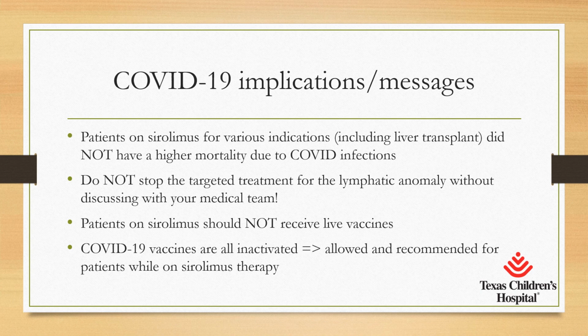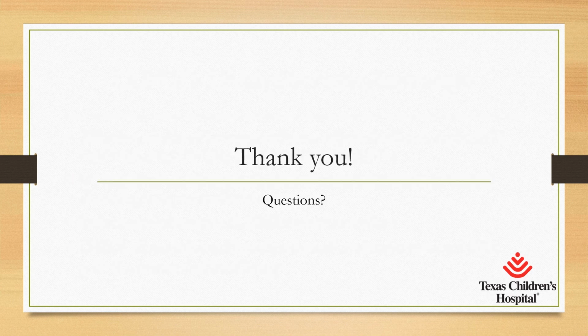So please do not stop the targeted treatment for the lymphatic anomaly without discussing with your medical team. As you know, patients on sirolimus should not receive live vaccines, but at least the COVID-19 vaccines that are approved for use in the United States are all inactivated, so they're still allowed and recommended for patients while on sirolimus therapy.